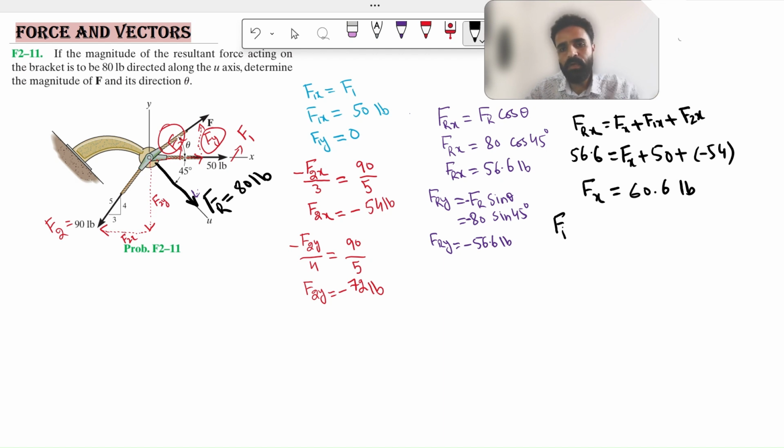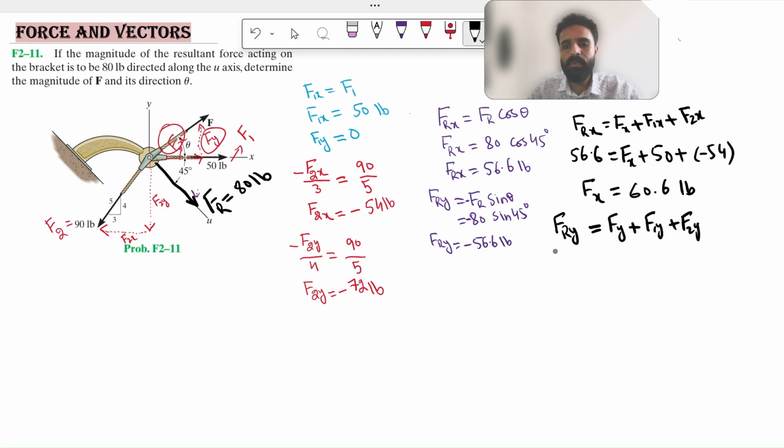Now I'll be doing the same calculation for the y component. So FRy, the vertical component of the resultant force, will be equal to the summation of the vertical components of each individual force. It means Fy plus F1y plus F2y.